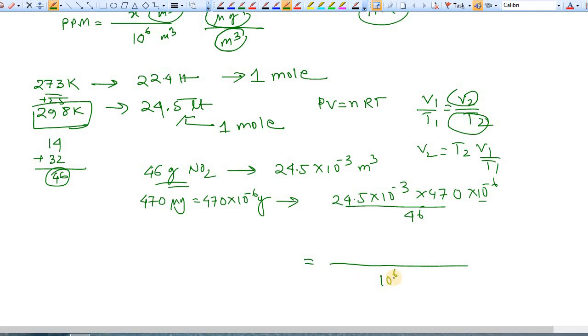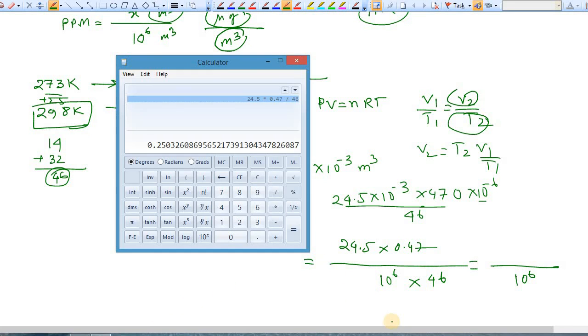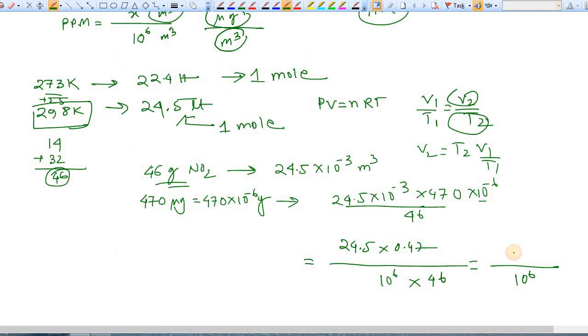So at the bottom this is 10 to the power 6, and if you calculate the remaining one, you will get 24.5 times 0.470 divided by 46, and it will give you 0.250.